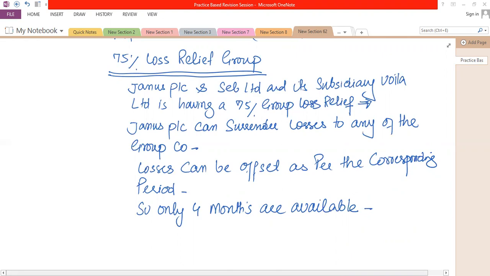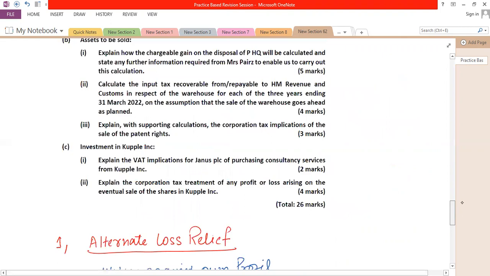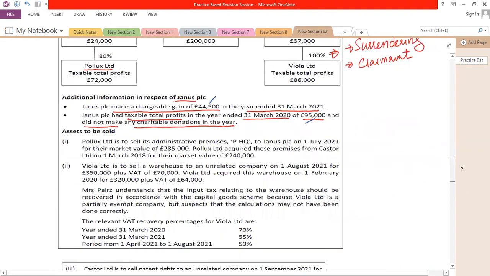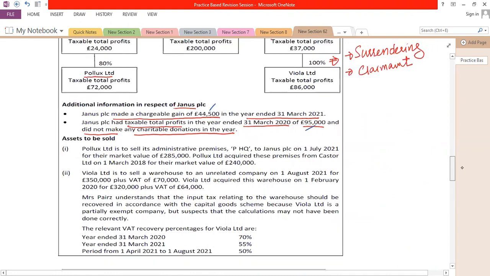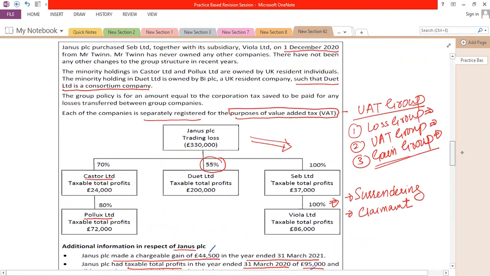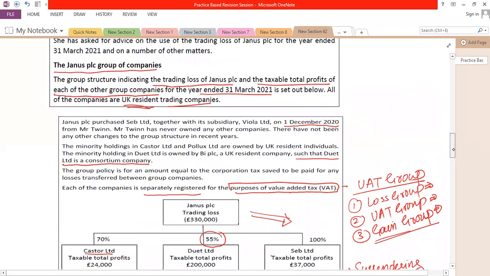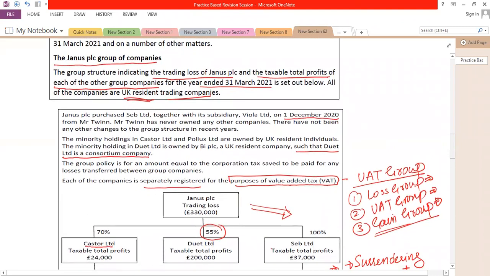Now, in case of the other group structure, we might have some consortium available. So let's see what the structure is. It has been mentioned that Dute Limited is a consortium company.